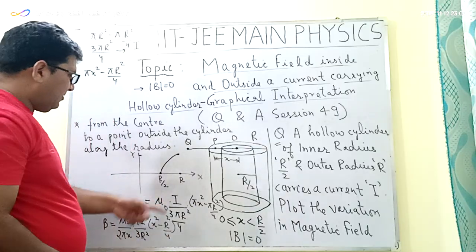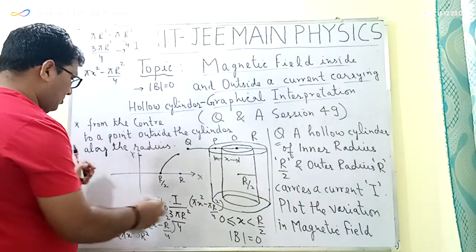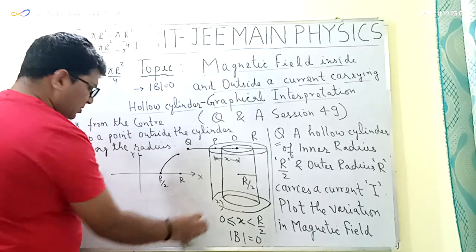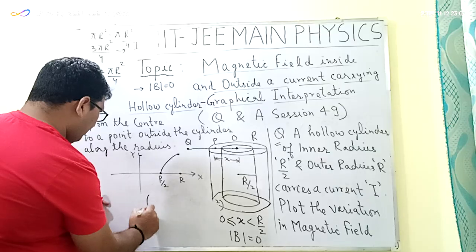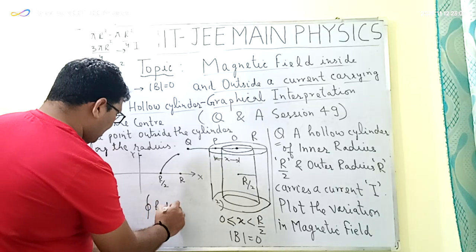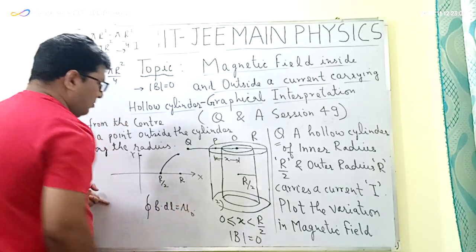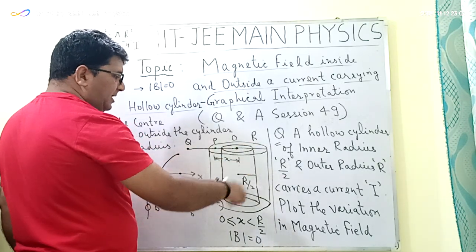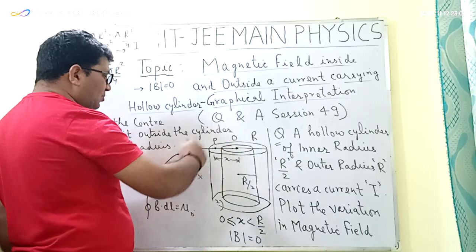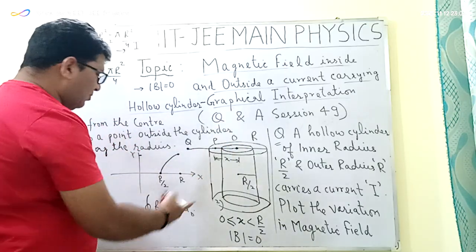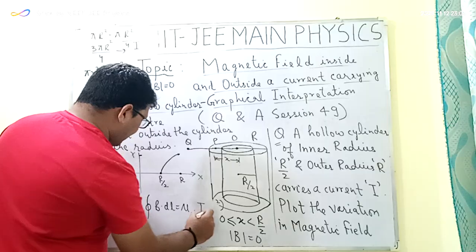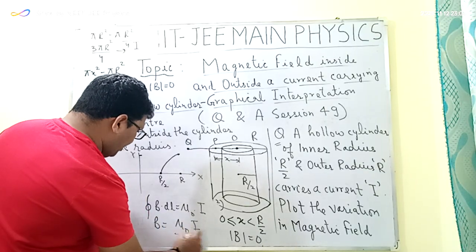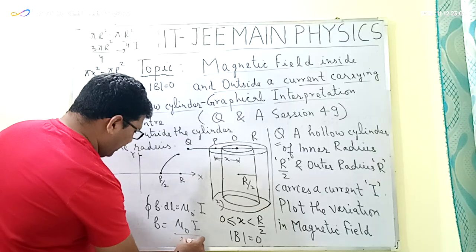So in that case I will again use the Ampere circuital law. So that will be the integral of B dl is equal to mu naught times the net current passing through the closed surface enclosing this point Q, which will be equal to I. So B will be equal to mu naught I upon 2 pi x.